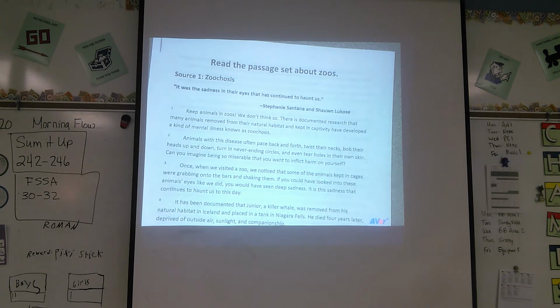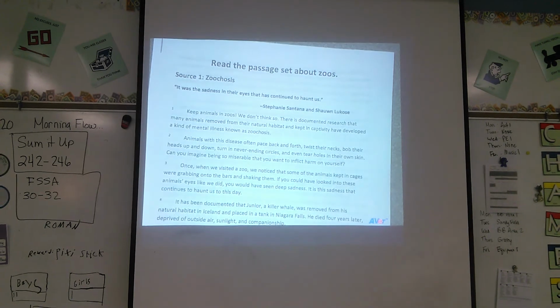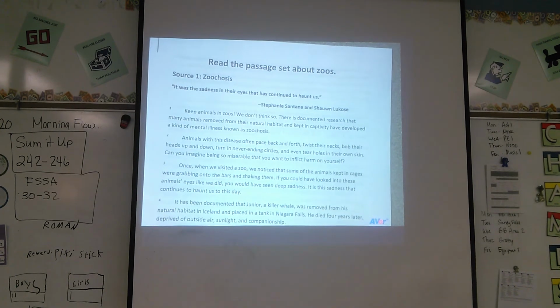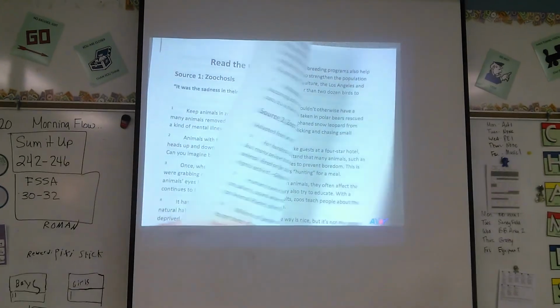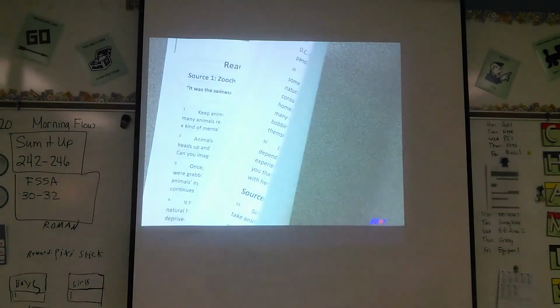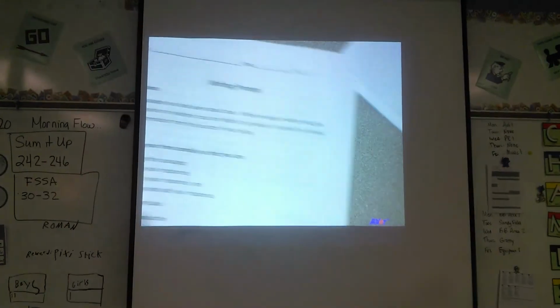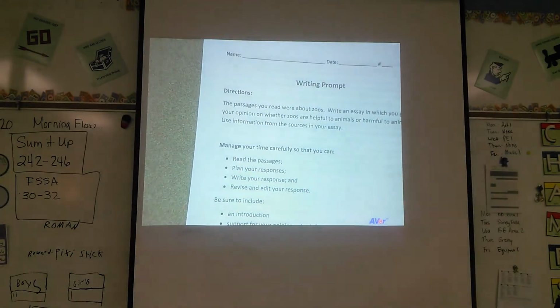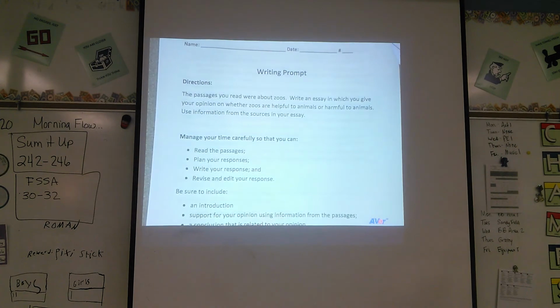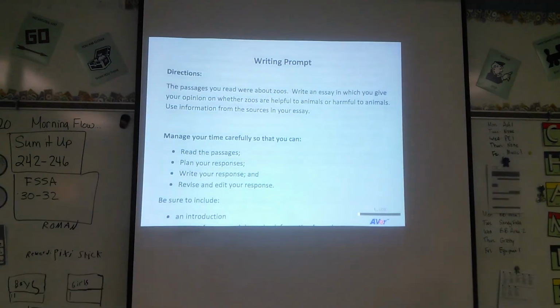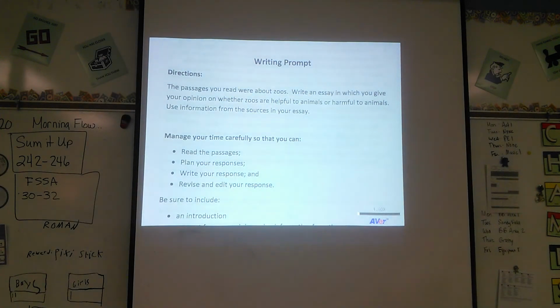And the first step of that, as you remember, is that we want to go straight to the writing prompt. All right, in your case, I know that we already did this during the pretest, but when we look at the writing prompt first, it gives us an idea of what it is they want us to do. And that's always a good thing to know ahead of time because it gives you a purpose for reading.